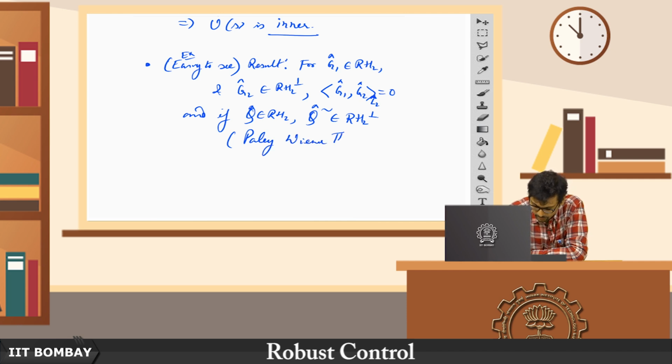So, this is actually the equivalent of the Paley-Wiener theorem, which we had stated and shown many lectures back. The only difference being that there we were not talking about systems, we were talking about signals, here we are talking about operators now.